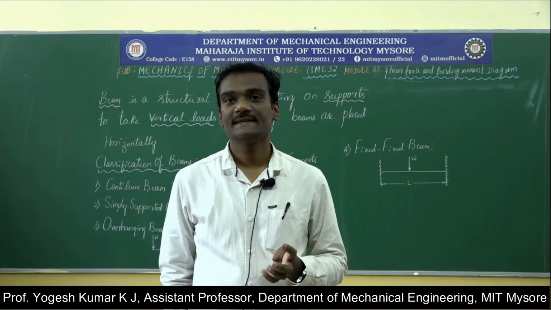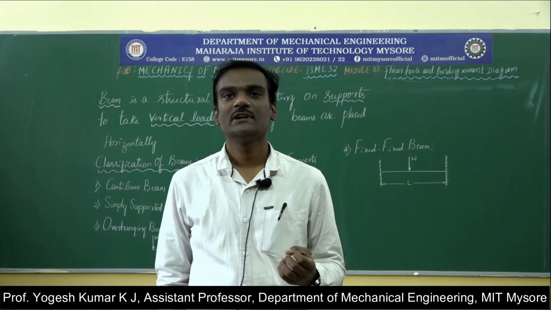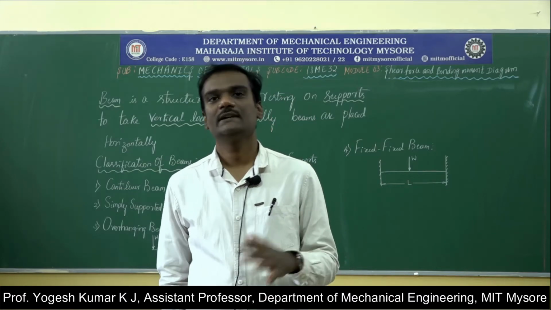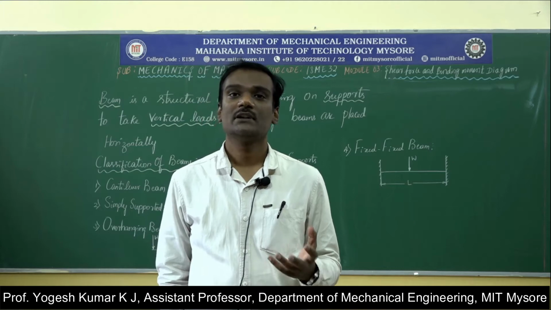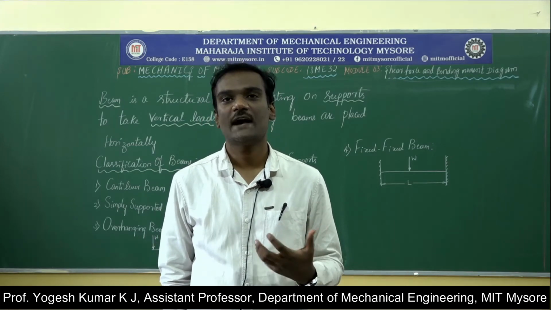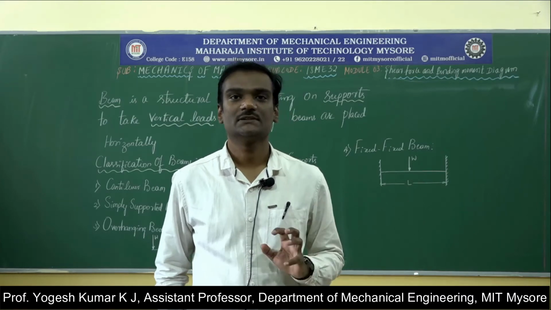The beams are basically classified into two categories: determinate and indeterminate beams. So what are these? Determinate beams are the ones which can be analyzed by applying the basic equilibrium conditions.